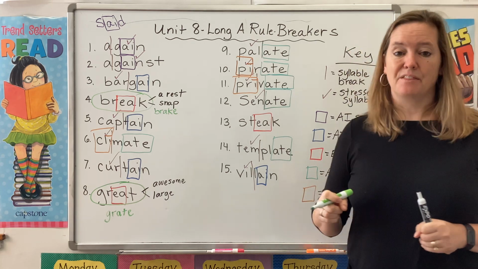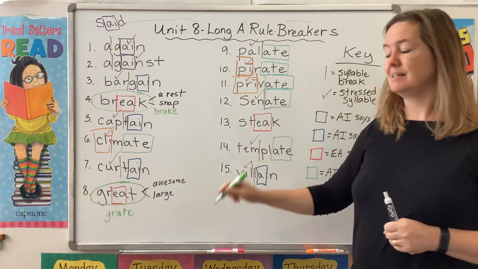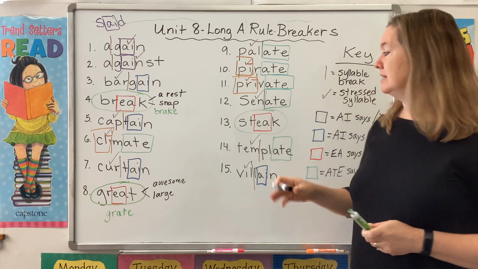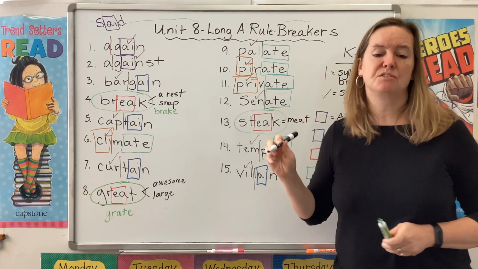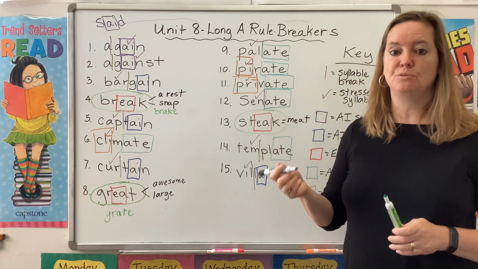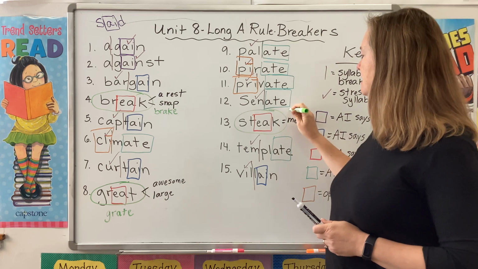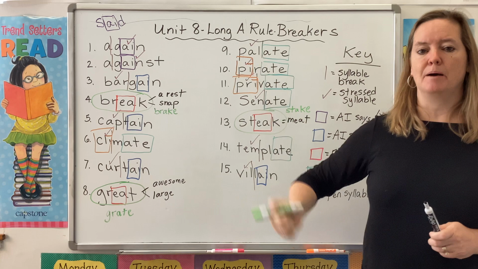All right, do you guys see any other homophones? We talked about break, great. How about steak? We know that a steak is a piece of meat. It comes from a cow, right? A juicy steak. But there's another kind of steak spelled like this, and that would be like a pole.